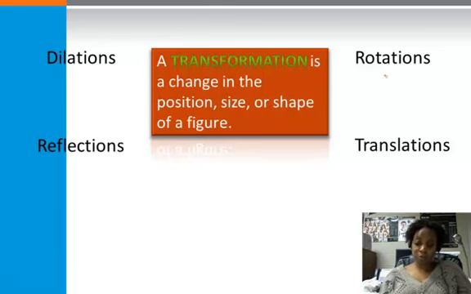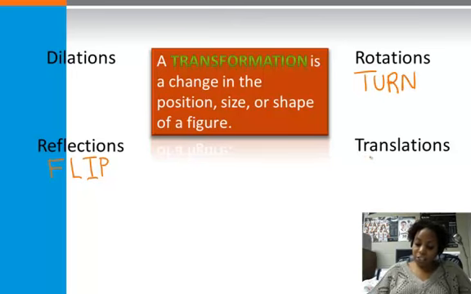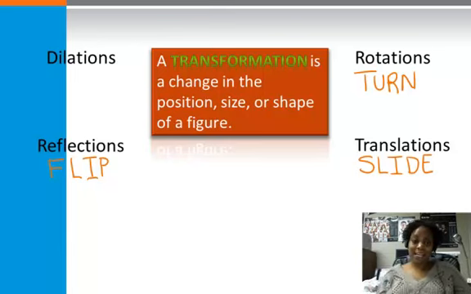The first type of transformation that we have is a reflection. You guys also know this as a flip. And a rotation, you guys know this as a turn. And translation, you know this as a slide. And then the last one we have is a dilation.